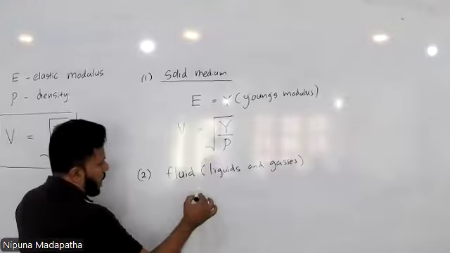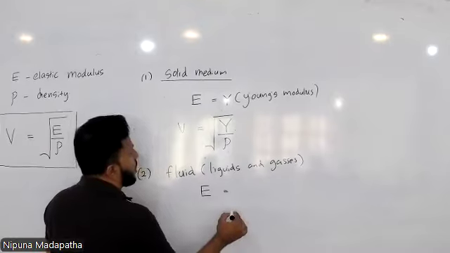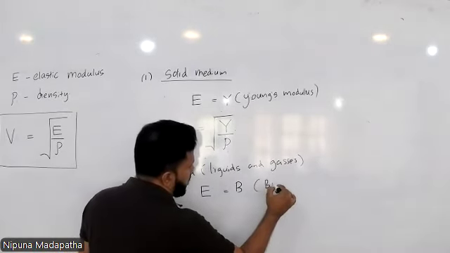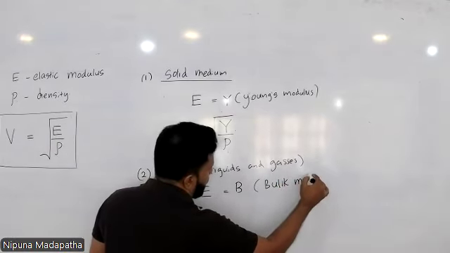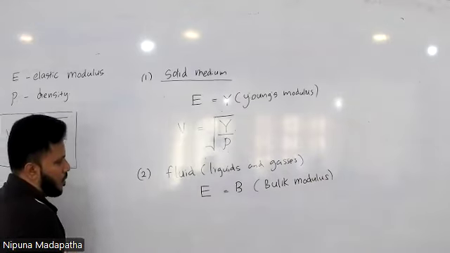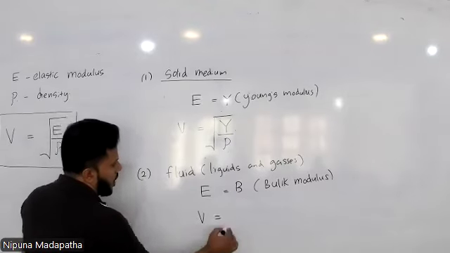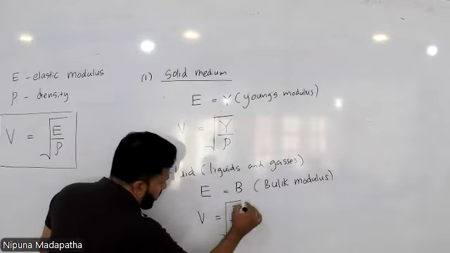So for liquids or gases, this elastic modulus is known as bulk modulus. We say it as a bulk modulus. So the speed of longitudinal wave in a fluid medium is given by the square root of bulk modulus divided by density of the medium.